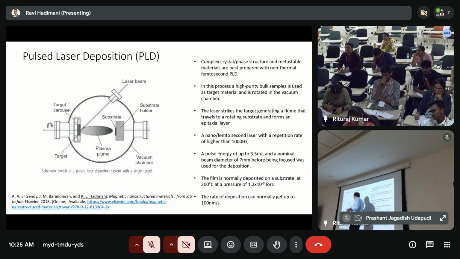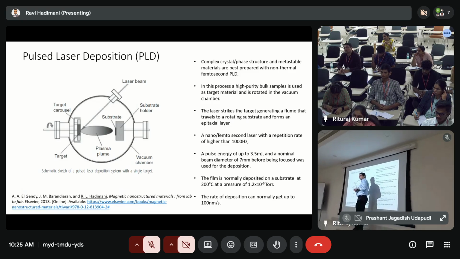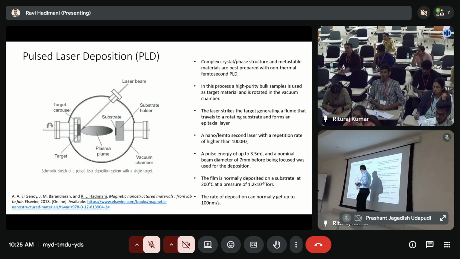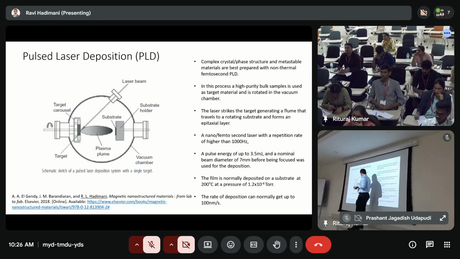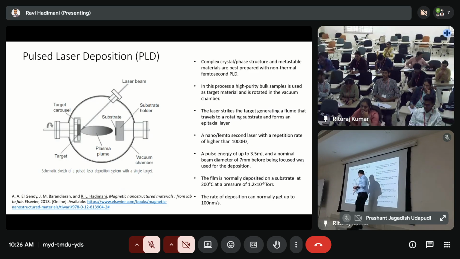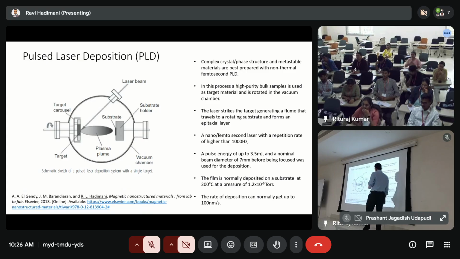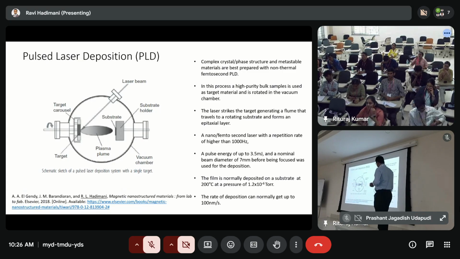The fume, the vapor, comes out and hits the substrate. You put a shutter here. When you want to start the deposition, you open the shutter and the fume starts to deposit on the substrate, and when you want to stop, you close the shutter.